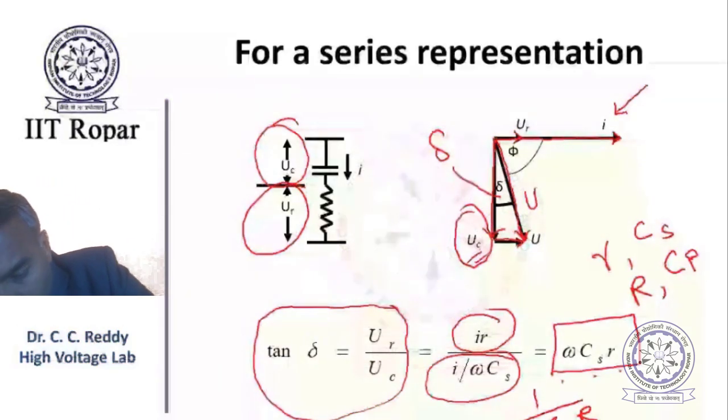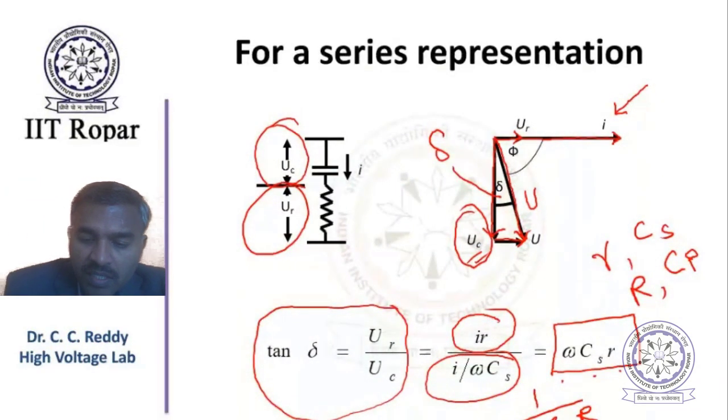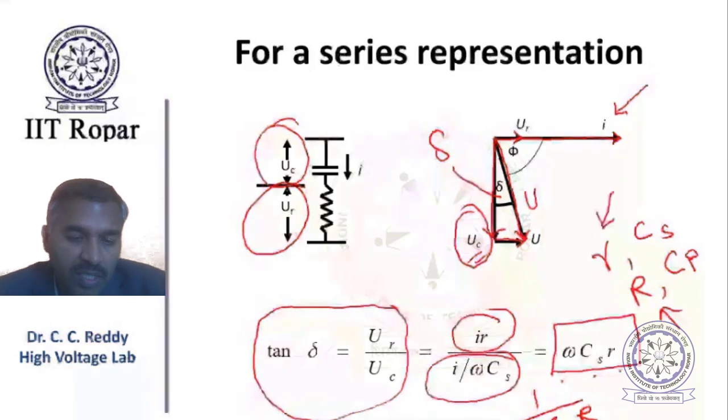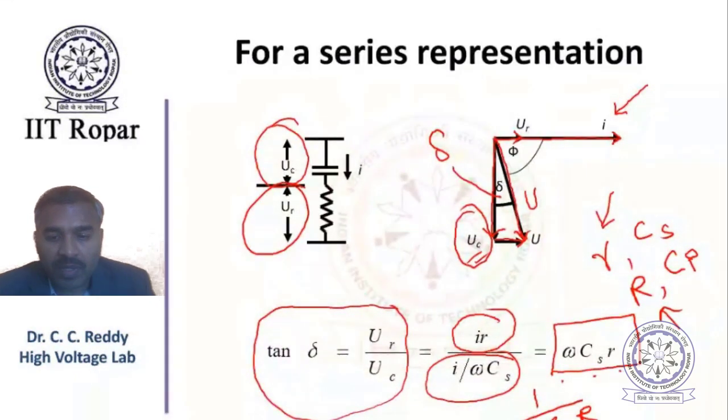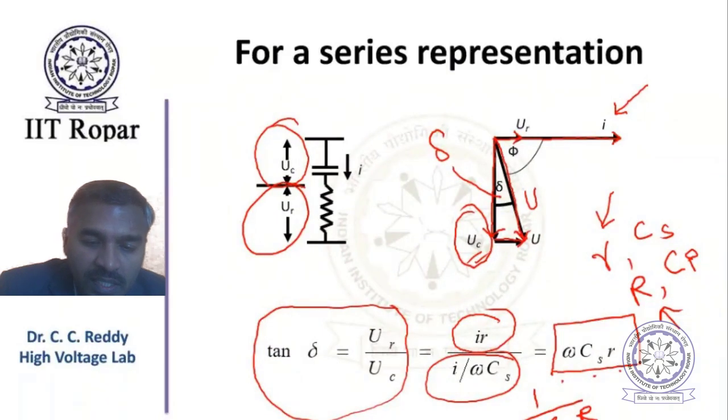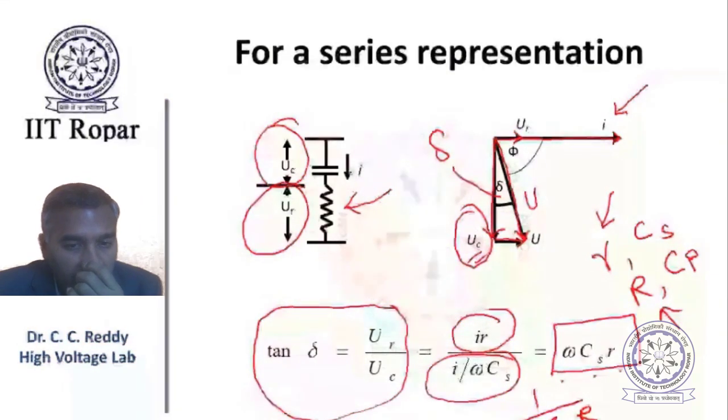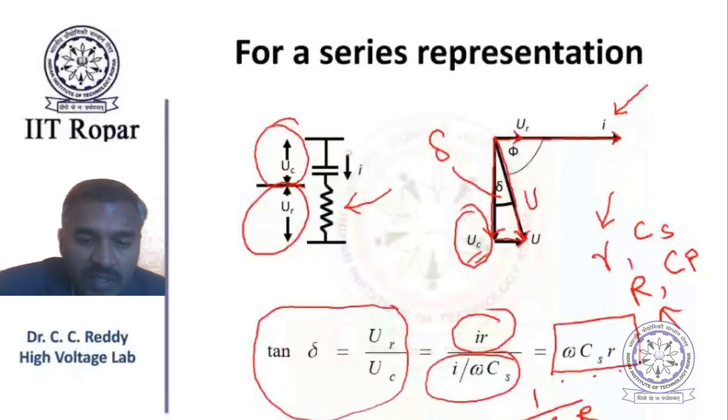If you compare capital R and small r, capital R will be a high value and small r will be a small value, because small r is in series with the capacitor. So in this representation, the entire current through the capacitor, the displacement current, must flow through this resistor r.